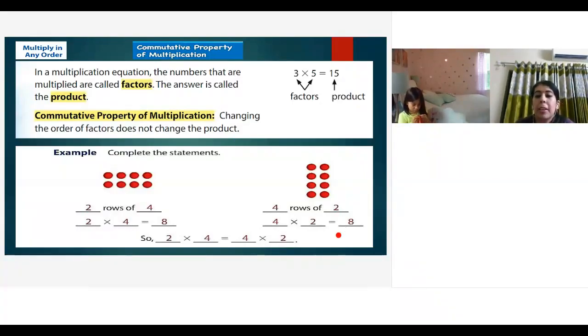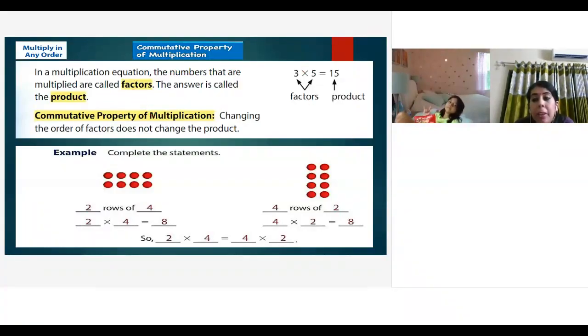And there are terms called factors and product. Can you see this in a multiplication equation? Can you see my screen? Yeah. Okay. So in a multiplication, the numbers that are multiplied are called factors.